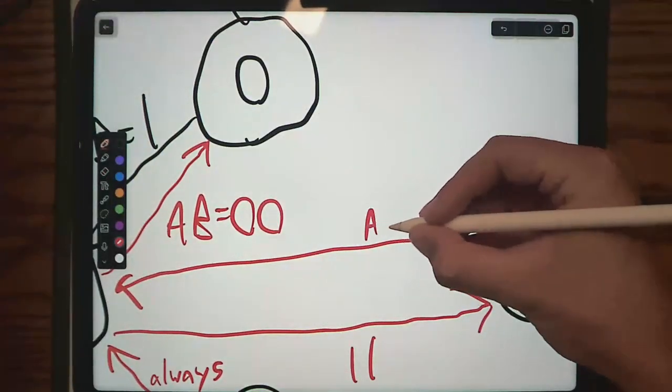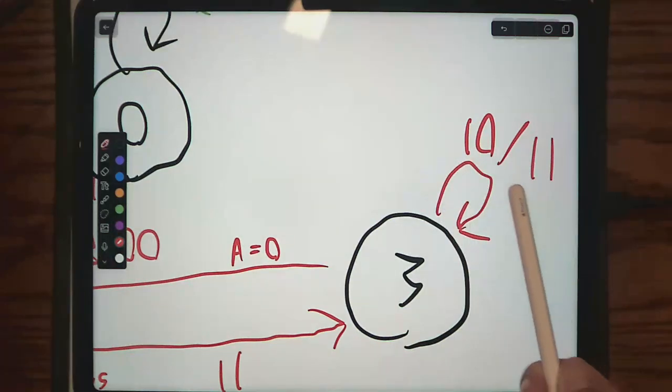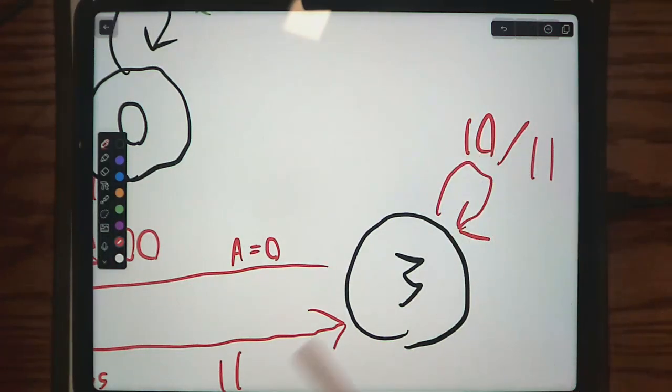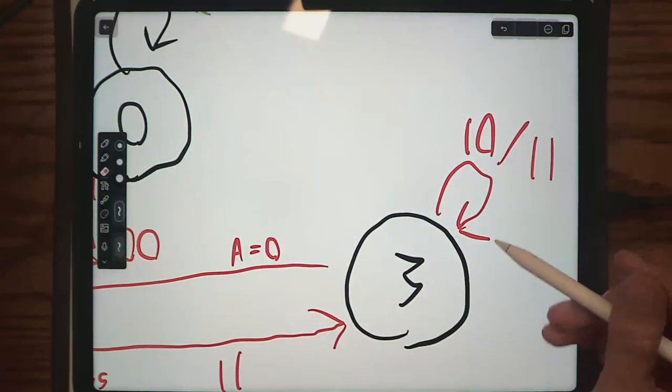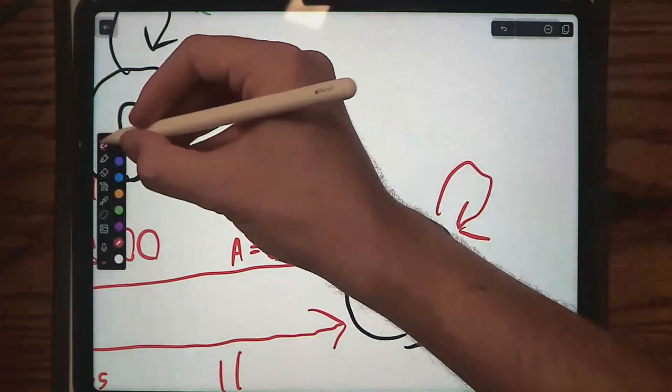So say A equals 0, and then right here, what can we replace this with? A equals 1, yeah, exactly. Because notice that we don't care what B is, it can be either 0 or 1, but we do care that A is equal to 1.